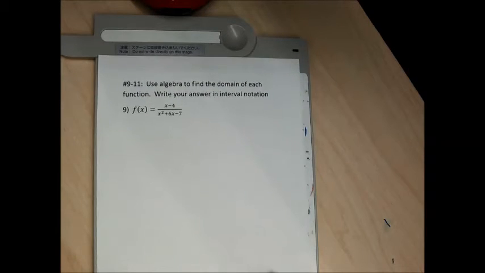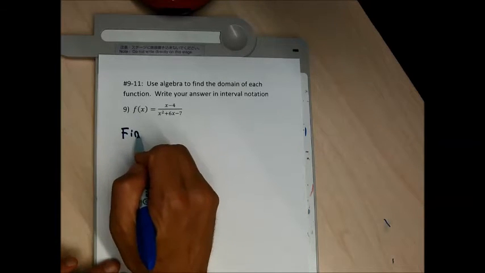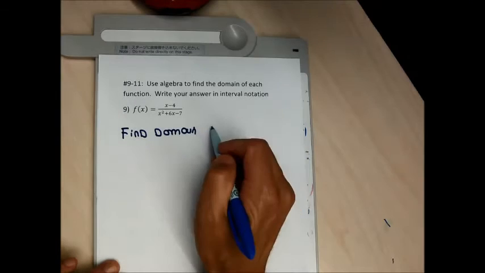Nine, 10, and 11 ask me to find the domain of 3 different styles of functions. For number 9, to find the domain of a fraction, we ignore the numerator.